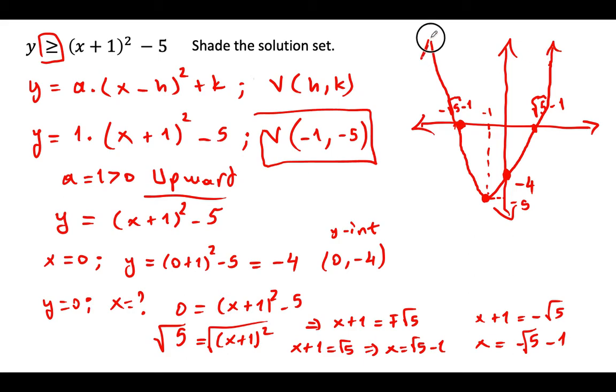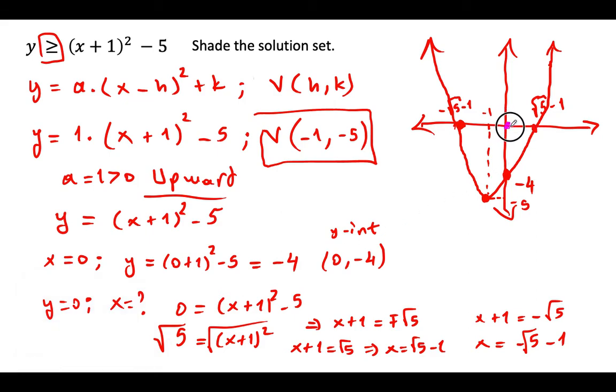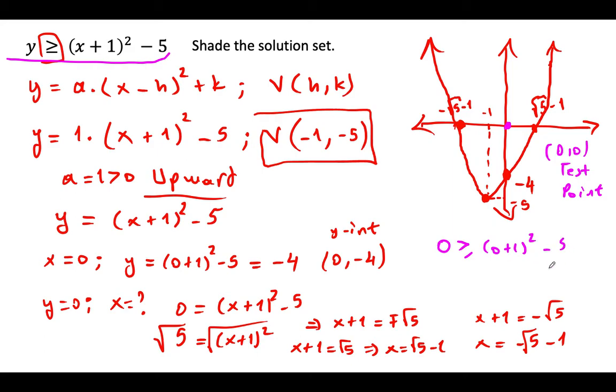Okay, now whether inside or outside is the solution. To understand this, take a test point here, (0, 0), let's say. In my question here, I will write 0 plus 1, minus 5, 0 plus 1 minus 5, which is 0 greater than or equal to negative 4.